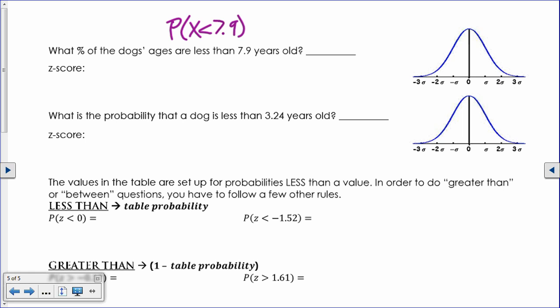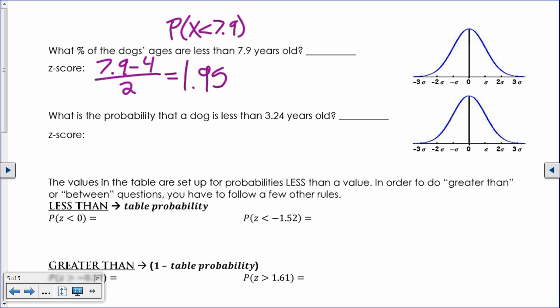So we're going to do 7.9 minus 4 divided by 2. This is all the same data as we've been using since last class. Okay? So what would the z-score be for that? 1.95. So what you guys are going to do is go onto your yellow chart, positive side.